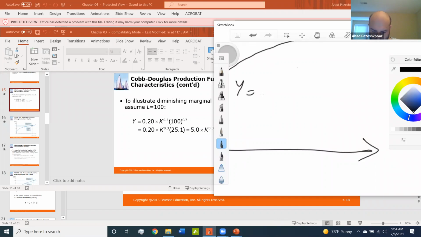Y equals 0.2 times K to the power 0.3 and some constant number for labor. Let's call this L bar. This is constant, okay? L bar is constant. This is not a function.